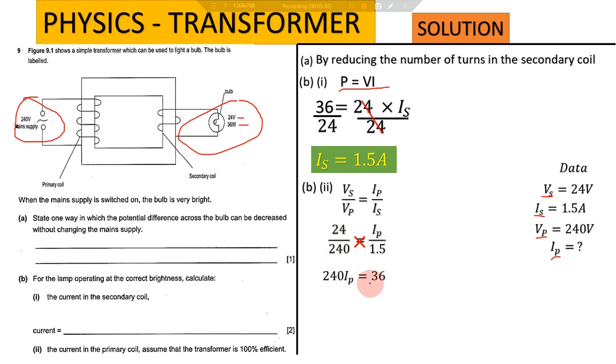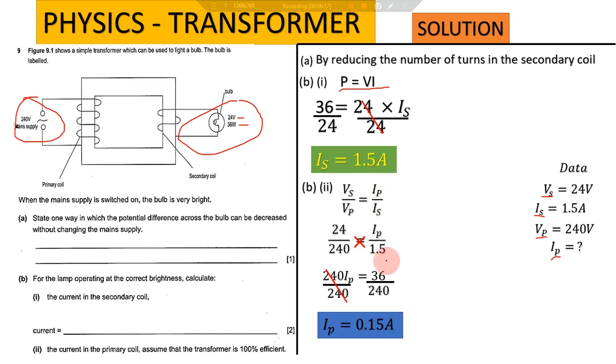Here, we divide by 240 on both sides. On the left we have 1 times the current primary, so we still have current primary. So 240 dividing into 36, what do we get? Correct. So current primary is 0.15 amps. That is the current in the primary coil.